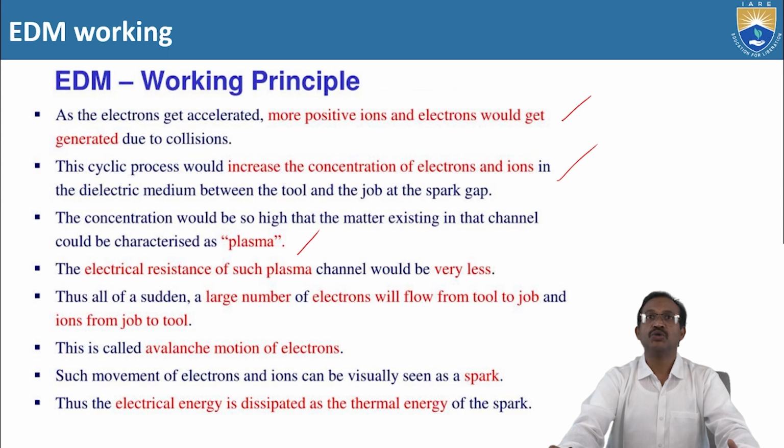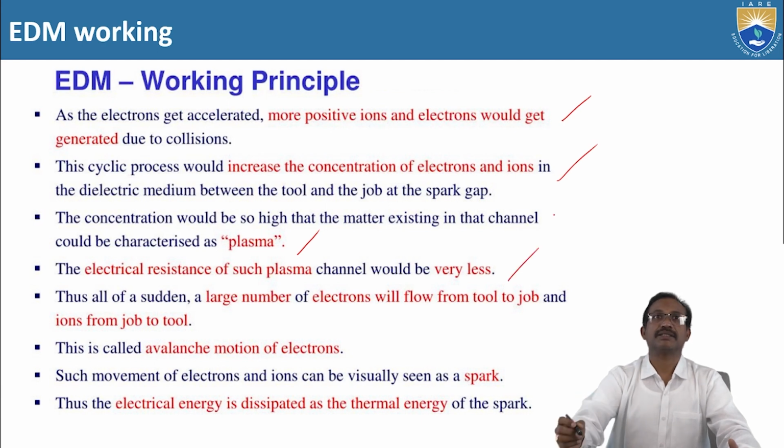Here the zone where the fusion or the melting occurs at the workpiece is because of this plasma. Next, the electrical resistance of such plasma channel would be very less. Thus, all of a sudden, a large number of electrons will flow from the tool to job and ions from the job to tool.